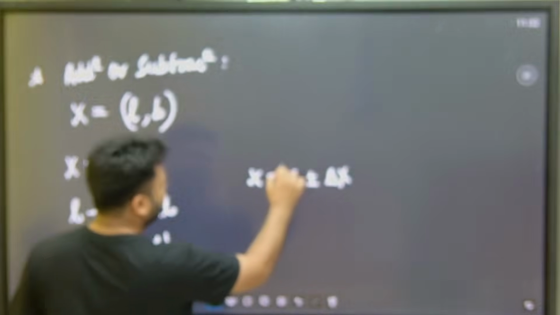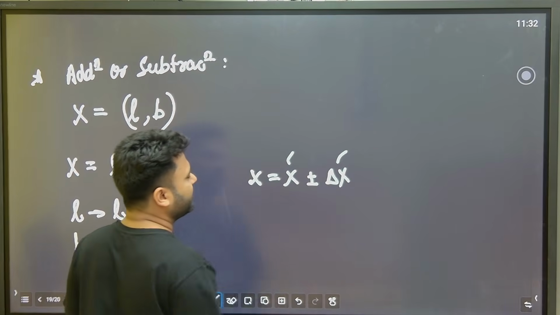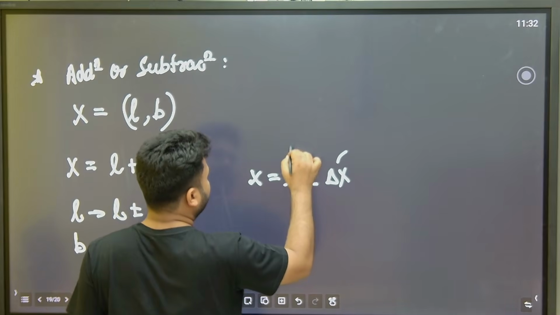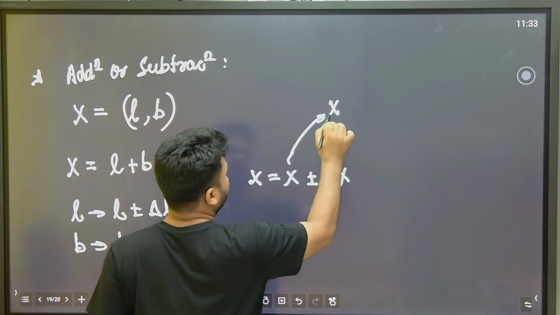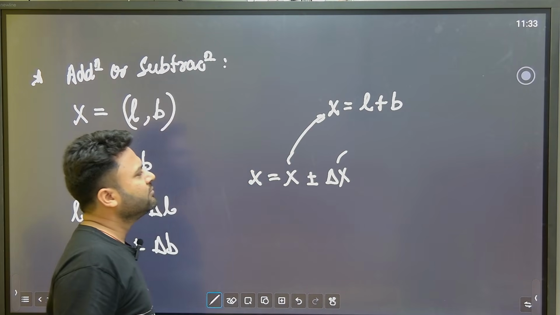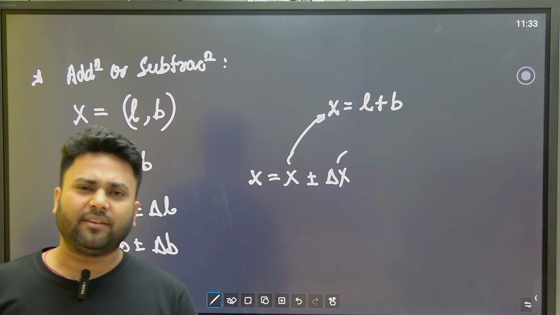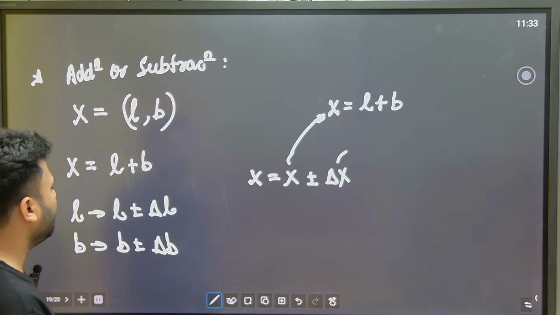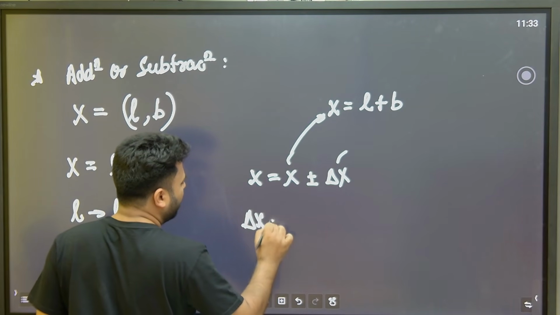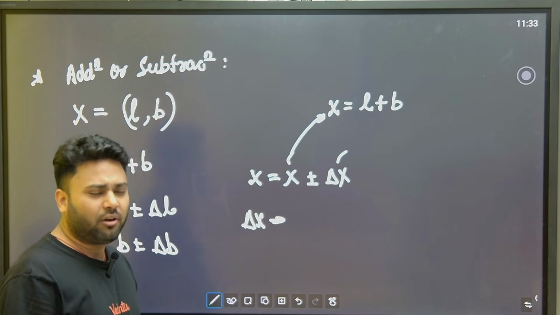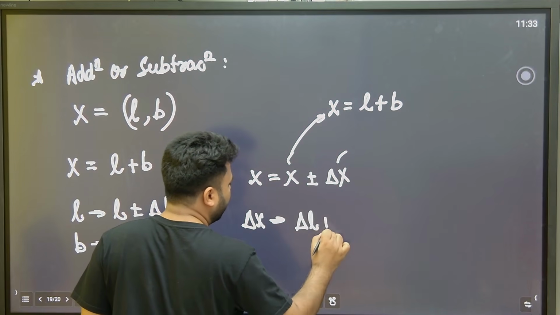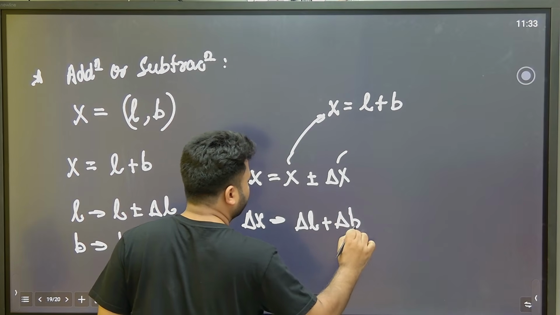Now how to find this x and this delta x? This x we write directly, because we know x equals L plus B. And delta x, the error in x, always remember error is always added. So we will add the error of length plus the error of breadth.